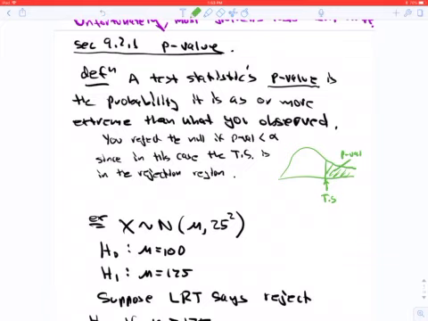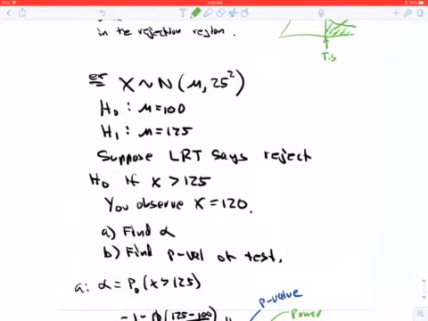So it's the chance of getting a value as or more extreme. If you're rejecting on both sides, then like if it was a symmetric situation, then your p-value would be an area on two sides, but we'll see an example of that later.